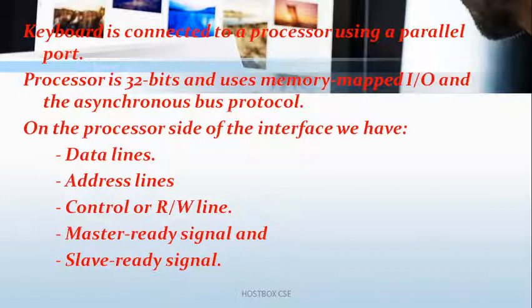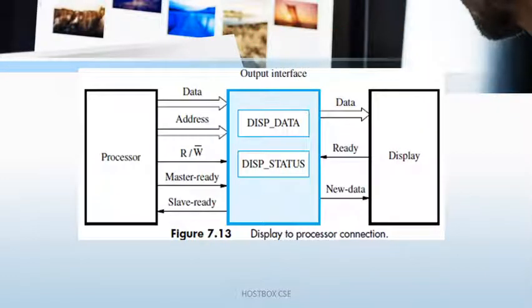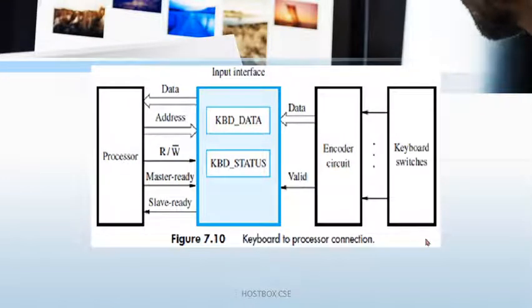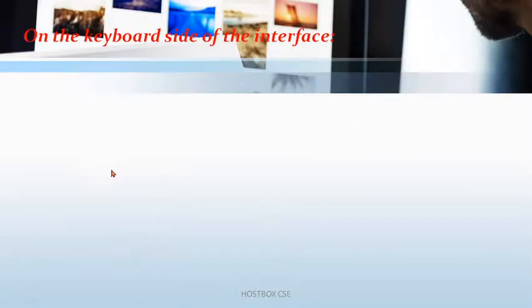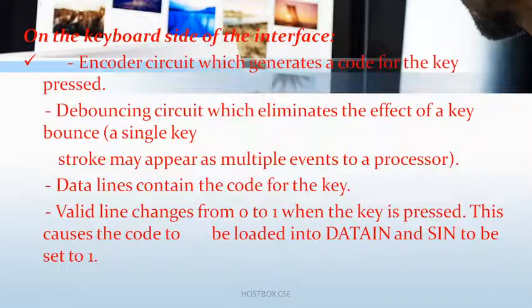In the previous interface diagram, the encoder circuit followed by the debouncing circuit will also be here. Possibly you can add the debouncing circuit.